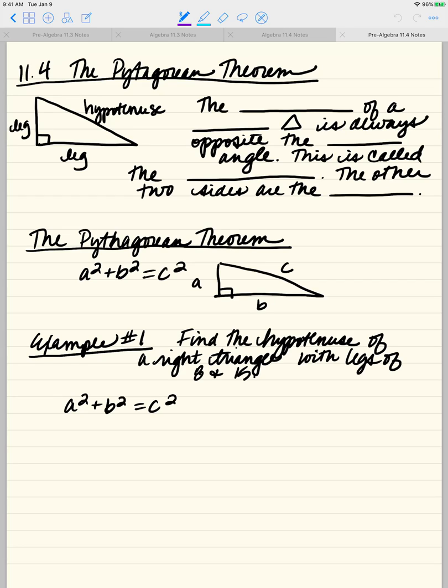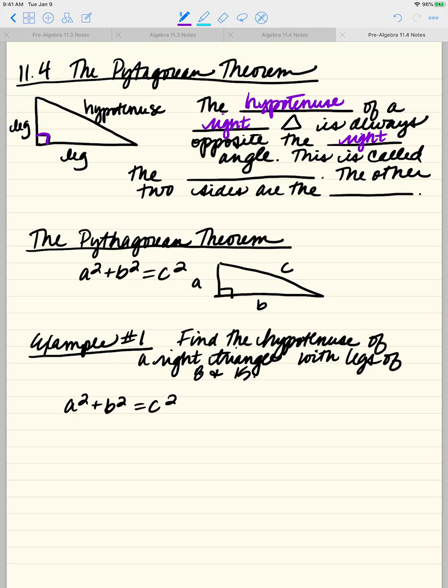When we're talking about the Pythagorean theorem, we're talking only about right triangles, and we're talking about the hypotenuse, which is a part of every right triangle. So the hypotenuse of a right triangle is always opposite the right angle.